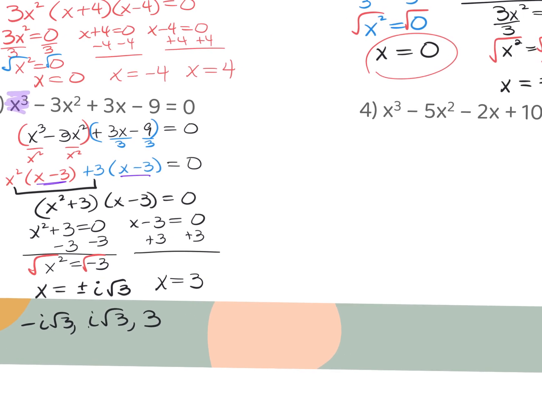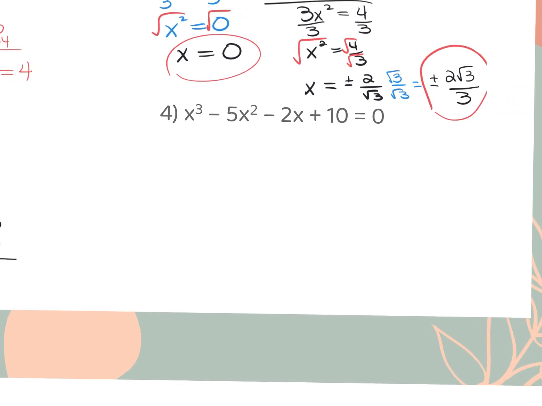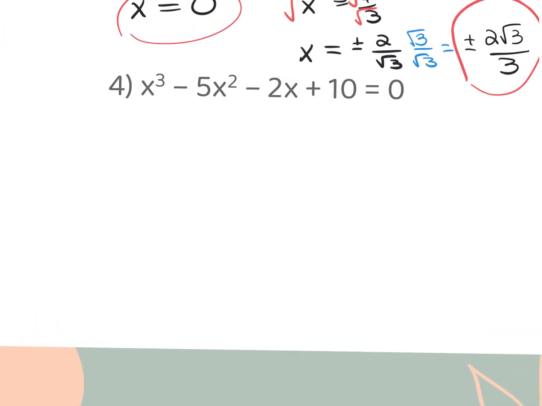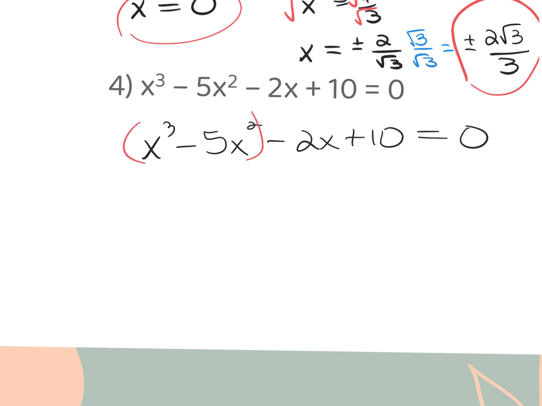Your next problem is x to the third minus 5x squared minus 2x plus 10. Let me rewrite it, and then I'll make my groups. So I've got a red group and a blue group. My greatest common factor of the red group is going to be x squared. So I'm going to divide them both by x squared.